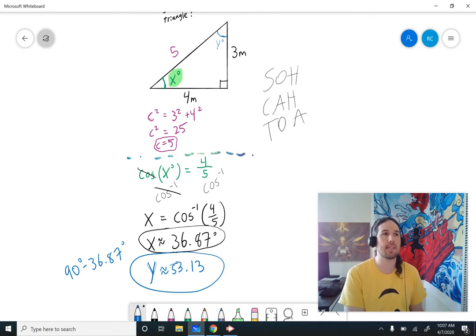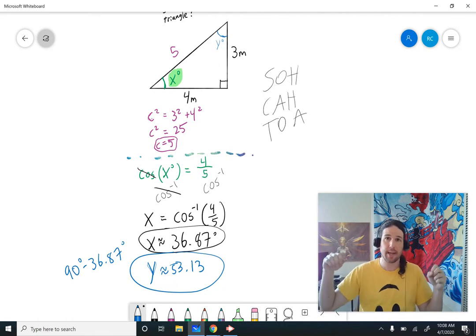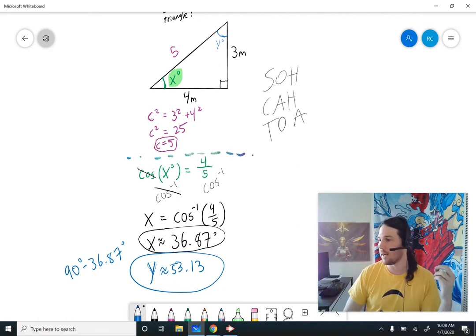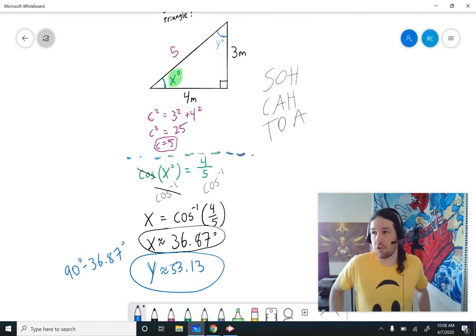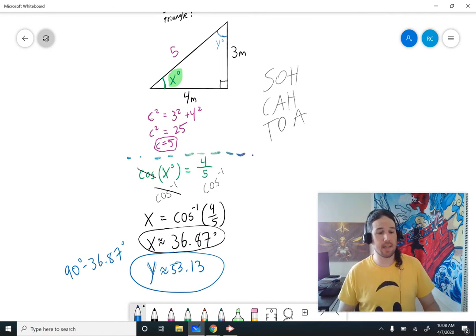We came up with sine, cosine, and tangent because we knew that those ratios are always going to be the same no matter how big or small the right triangle is. Arc sine, arc cosine, and arc tangent just give us a way to reverse that process.